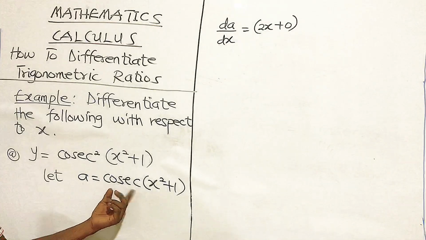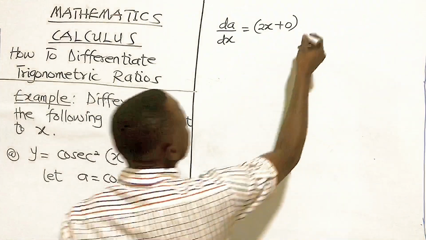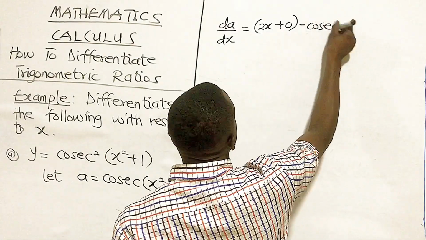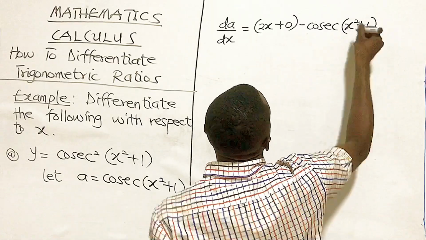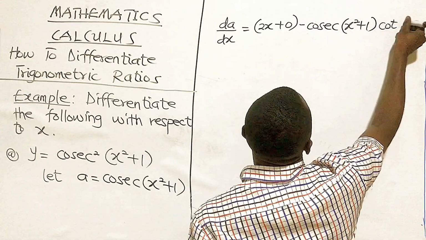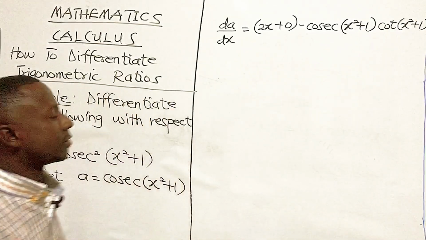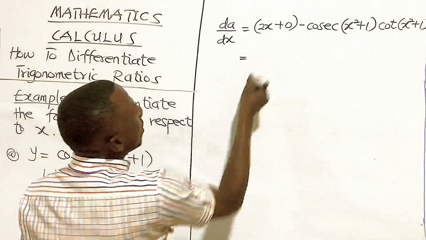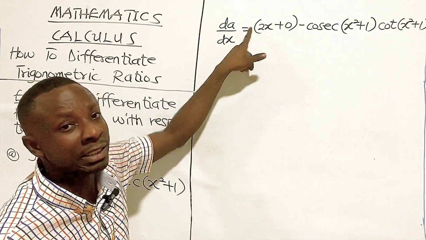Before I differentiate the main trigonometric ratio. So when you differentiate cosec, we are going to get minus cosec of x squared plus 1, then cot x squared plus 1, because that is what we have within the bracket. Now from here, because of the negative we have here, we are going to write it in front.